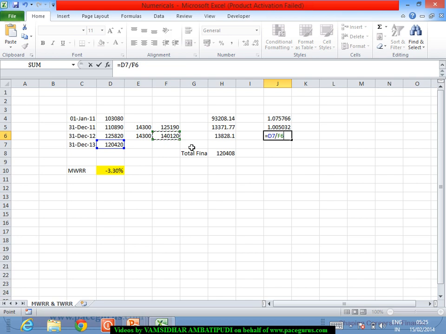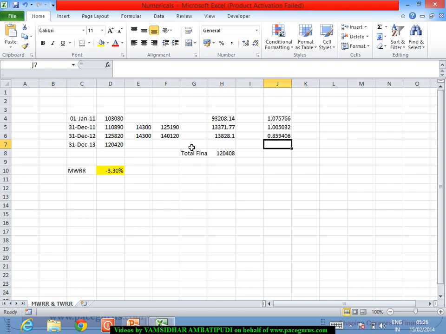So basically, while computing the time weighted rate of return, we are taking the period wise returns before any cash flow is being pumped in or withdrawn. So it is purely a measure of the performance of the fund at each of the intermediate intervals.